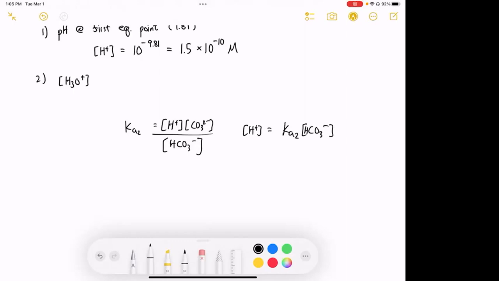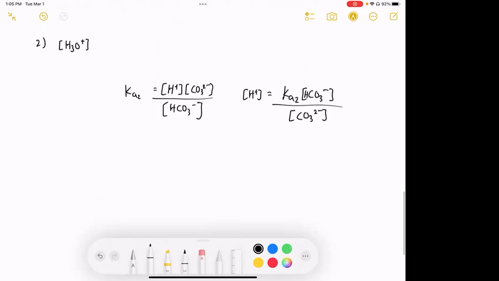Then on the bottom is CO3 2 minus, but they express it in a different way. So if you go to the Ka1, Ka1 is equal to H plus times HCO3 minus gives me H2CO3, so carbonic acid.